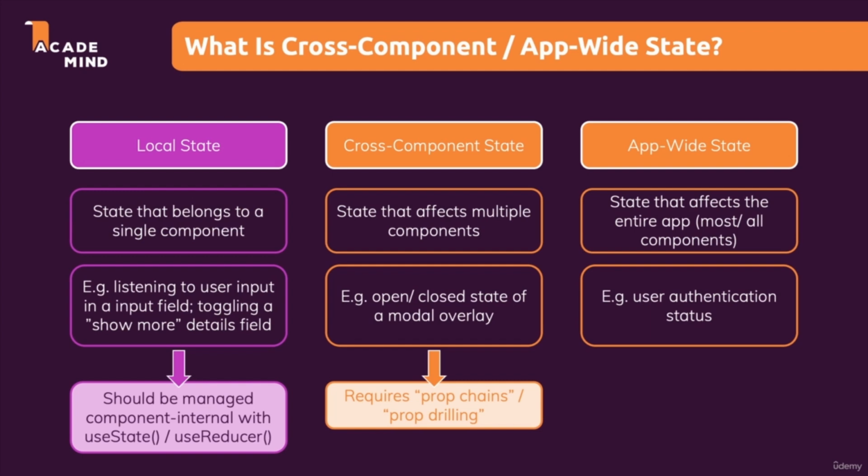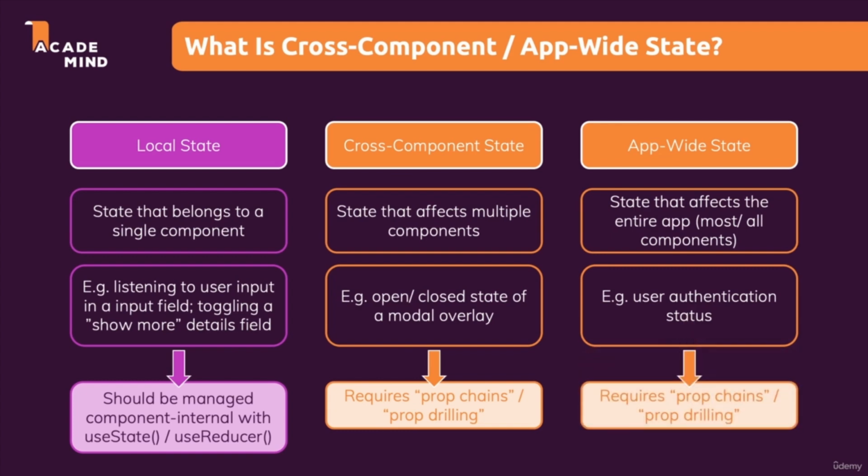And we also certainly affect a lot of other components which now show more or less data. So that would be an example for app-wide state. And we can also manage this with useState, useReducer, and then by passing state values and updating functions around through props. That's what we did throughout this course, and that of course works.